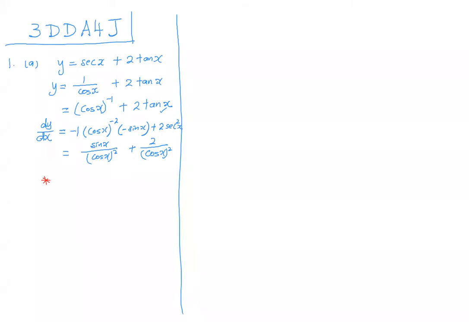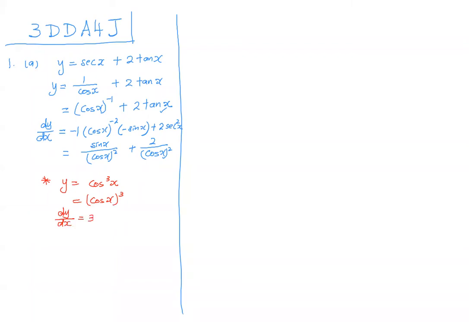If I got y equal to cos cube x, what should I do? I should write this in this form, correct? Then I want to find the derivative, I have to use chain rule.